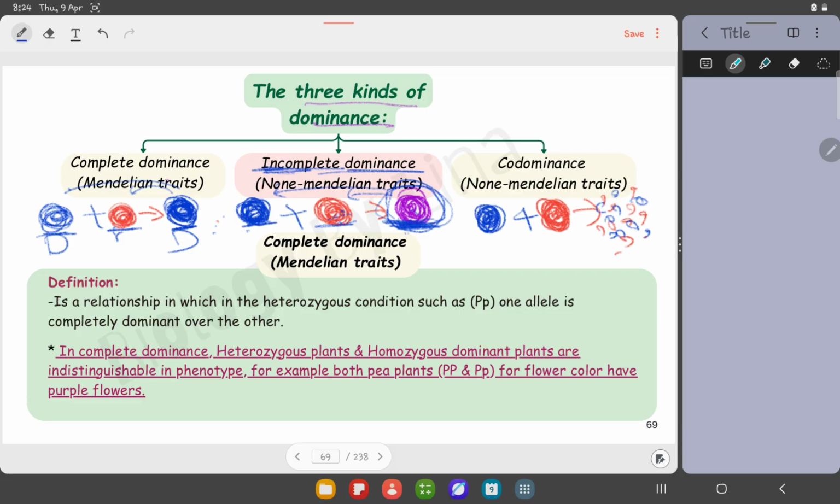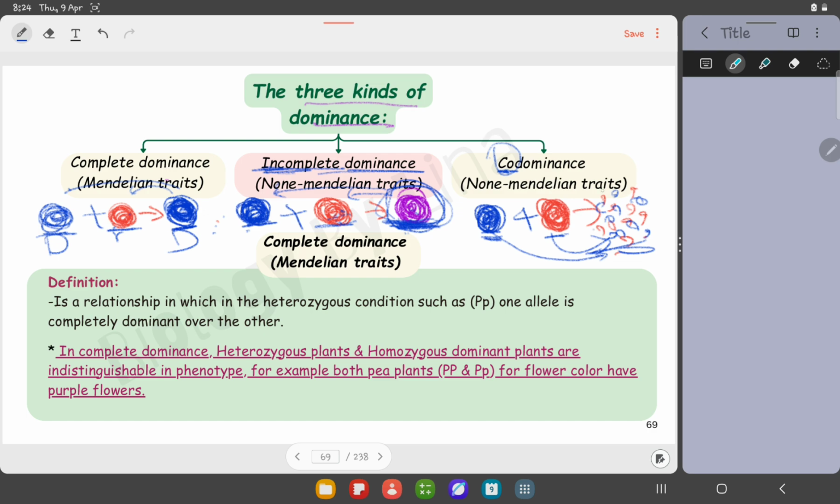Okay, shortly we will talk about each one in detail after that. What about co-dominance? In co, it's cooperate. So both of the parents cooperate, both of them express themselves in a heterozygous condition. For example, if we cross this blue with this red, at that time both of them want to express and show themselves.